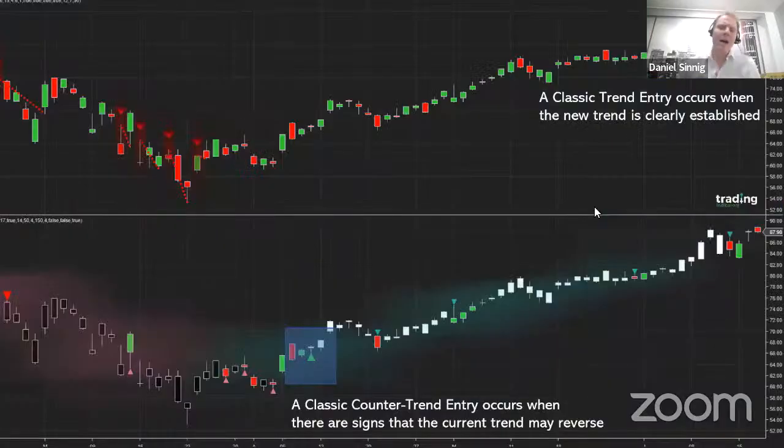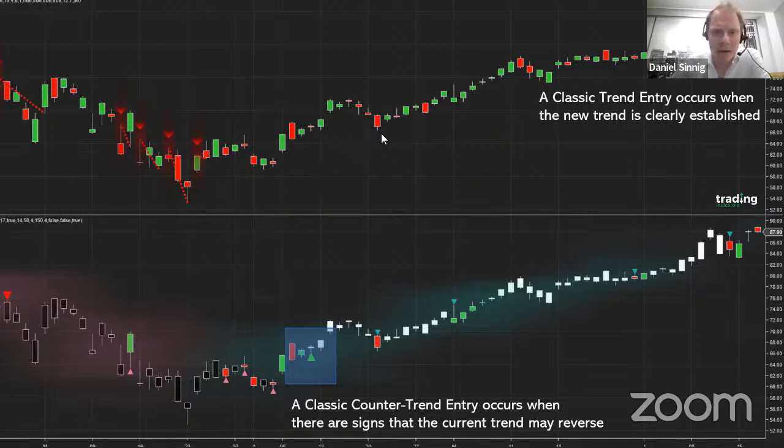And just to contrast trend trading and counter trend trading, let's have a look at this example. Here, this is Apple on the daily chart. And in fact, it's the exact same price action on the upper half and the lower half. But what's different is that the upper one here shows a classic trend entry. Why is that? Well, we entered when the new uptrend has been clearly established.